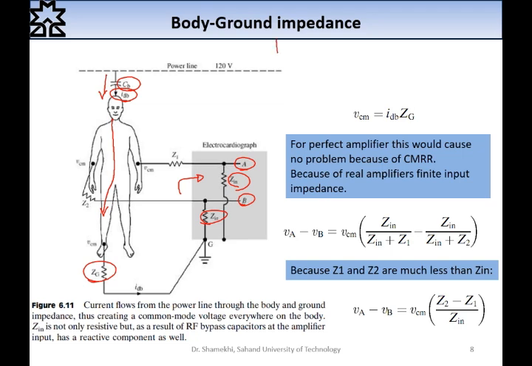We have a current IDB, common node, single node of our body, and also Zg and the ground.